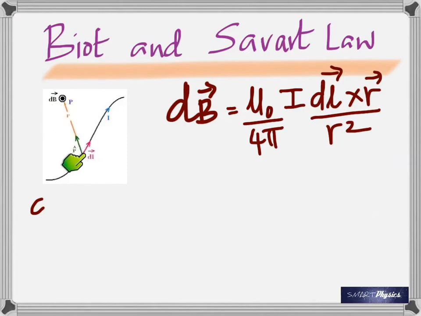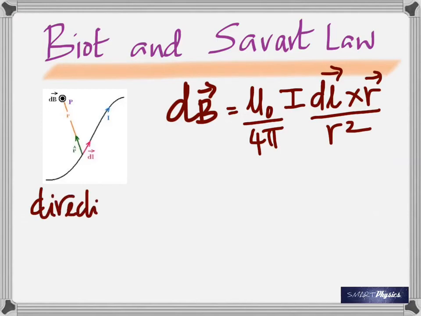You see the two arrows, red and green? That angle is theta. Could that angle be 90 degrees? Yes. If that is 90 degrees, then sine 90 is 1 and the magnetic field would be maximum. Clear? That is Biot and Savart's law.